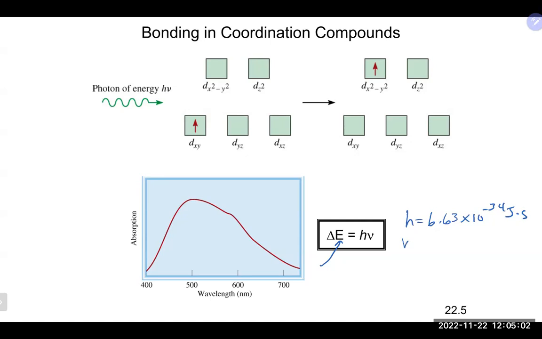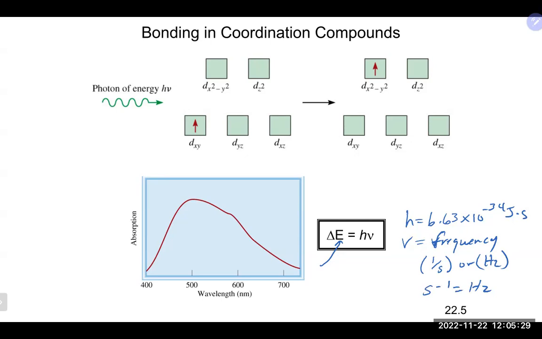The little nu there is not the velocity, it is the frequency. Frequency is typically given in reciprocal seconds or hertz. A hertz is the same thing as a reciprocal second, so those two are basically equal to each other.